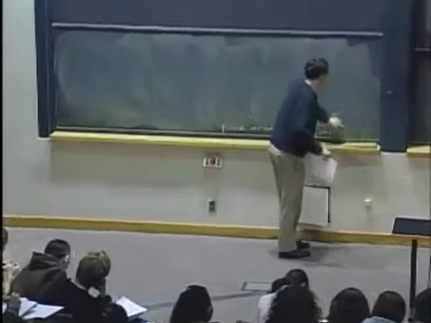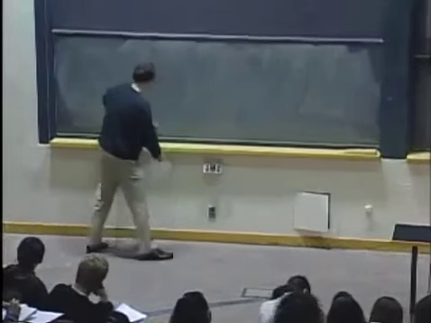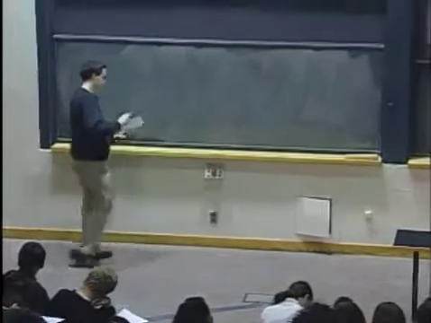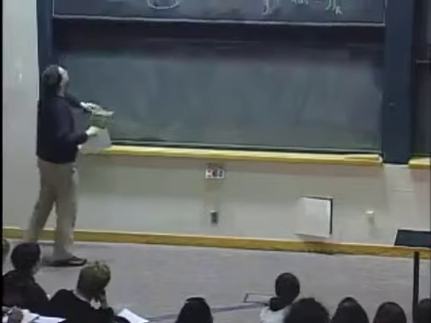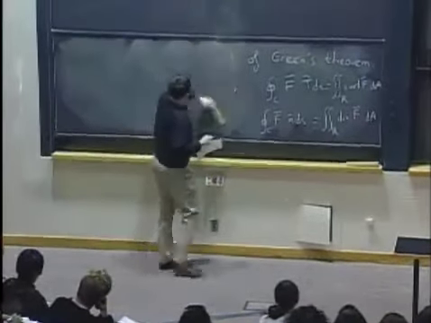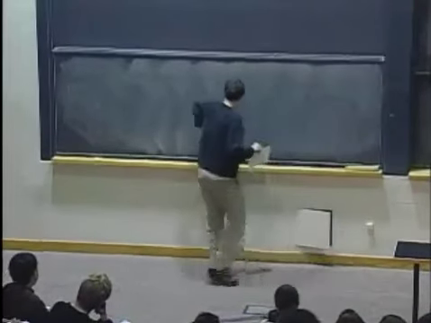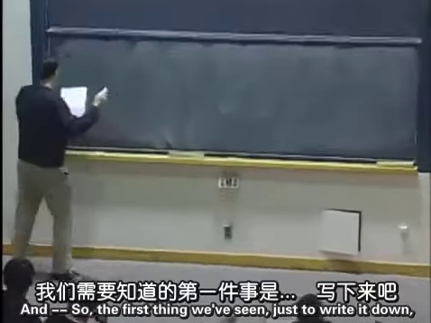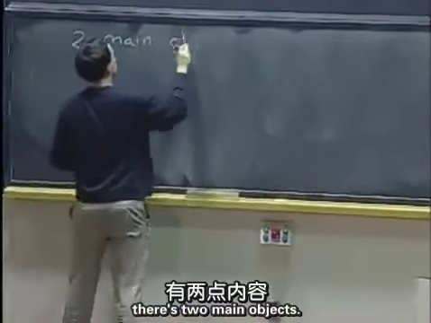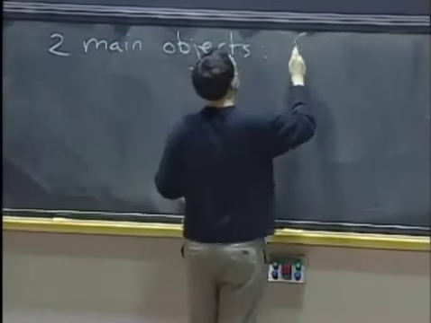So the first thing we've seen, just to write it down, there's two main objects, and it's kind of important to not confuse them with each other.